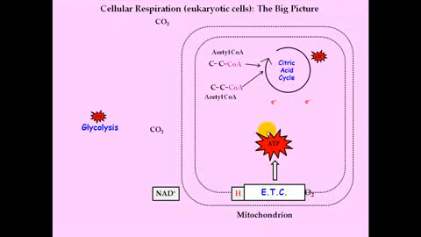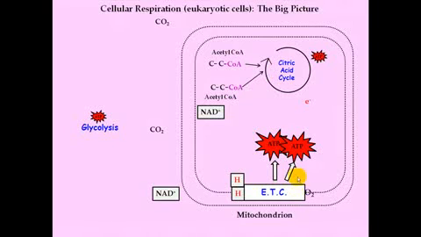Again, there's a molecule that serves as an electron limousine that makes sure that these electrons get to their destination. We already mentioned that NAD+ is an electron limousine, so it takes on two electrons and a proton to become NADH. NADH then delivers its electron cargo to the electron transport chain. Once the electron in that hydrogen atom moves through the chain, that generates the kinetic energy that's required to make ATP.